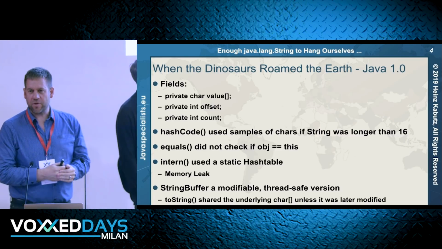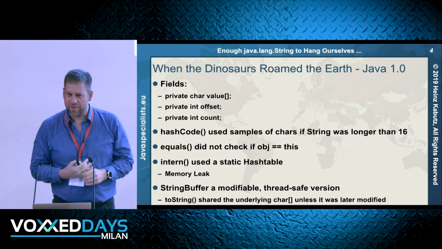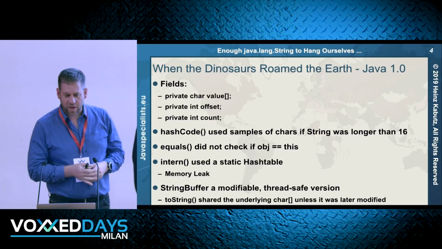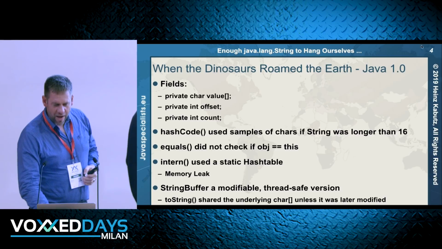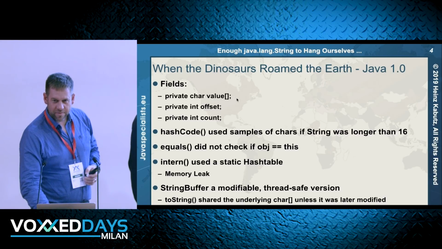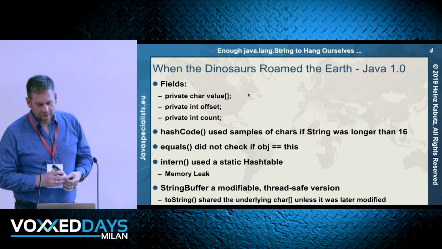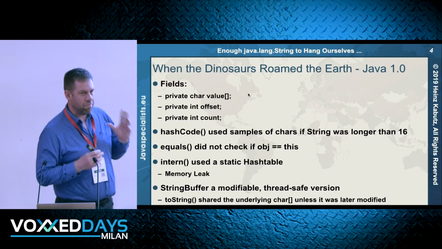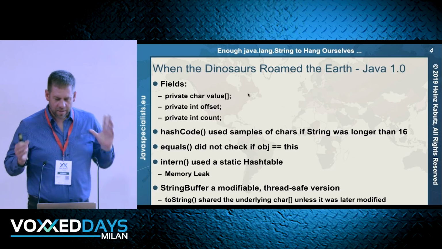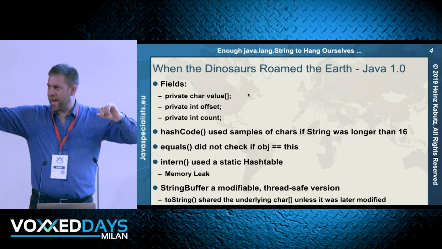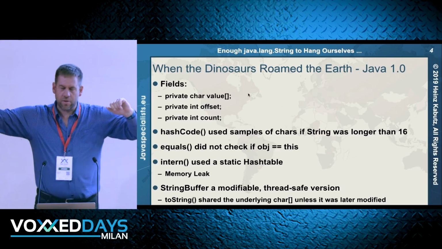Now I want to go back to history when the dinosaurs roamed Earth, Java 1.0. Okay. And in those days, they actually started by saying private char value square brackets. You know, these were C programmers. And in those days, when they had a hash code for a string bigger than 16 characters, they made samples of it. So, no, sorry, that's wrong.